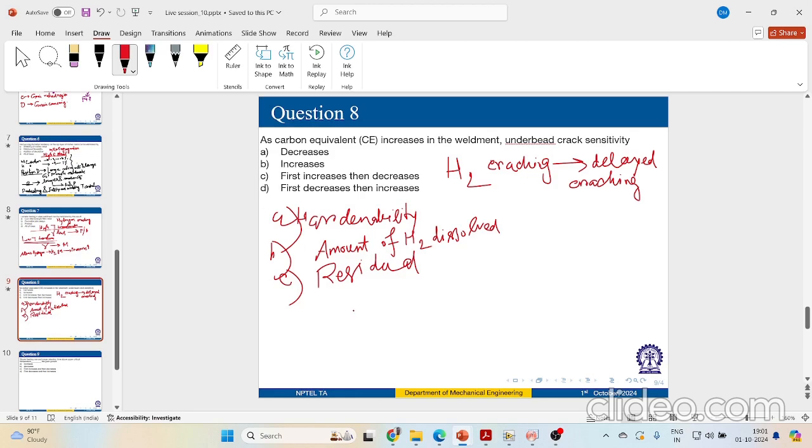Larger dissolved hydrogen, cracking tendency increases.